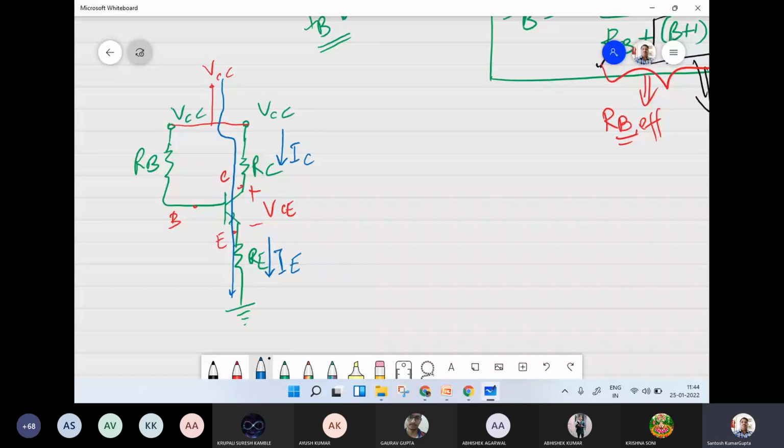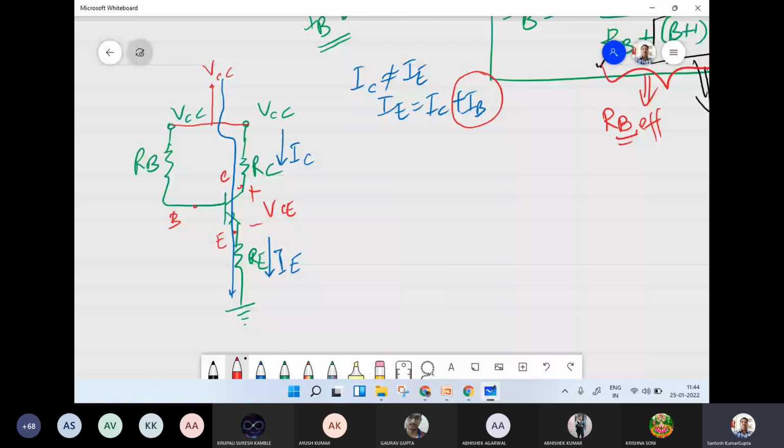In general, IC is not equal to IE, because IE is equal to IC plus IB. So we have an extra value of IB here. That's why it is not equal. So two different values of current flow here.